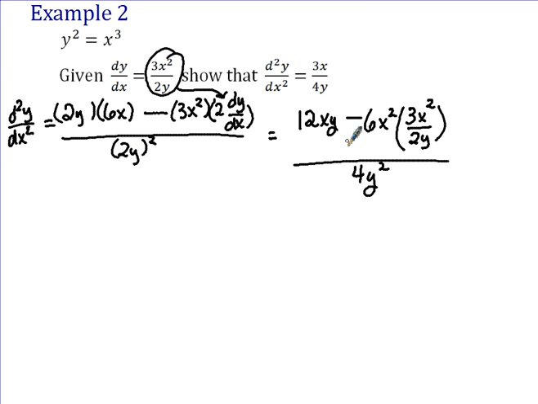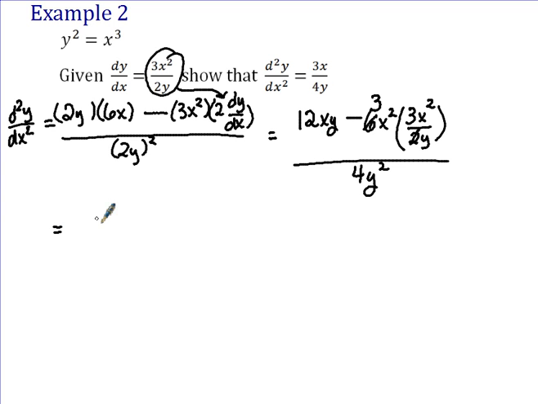Okay, so now what can we do up here? We need to get a common denominator. But I think before I do that, notice that here we have a 6 and a 2 on the bottom. Let's simplify. Reduce that to a 3. So now my only denominator is y. The first term does not have a denominator.